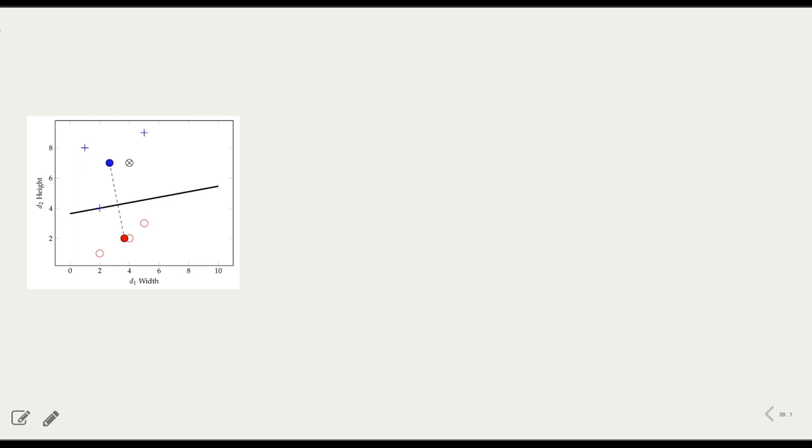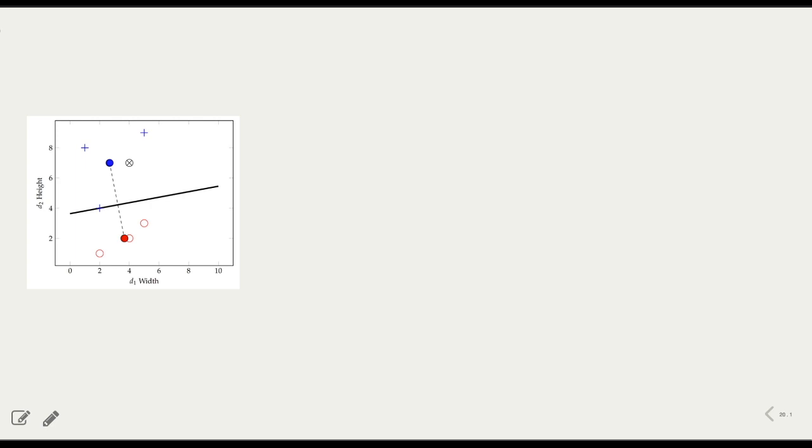But there is one problem. The centroid approach is greatly impacted by the density of the training data, where most data instances are, because when we look at the centroid, it's really looking at where the mass is.